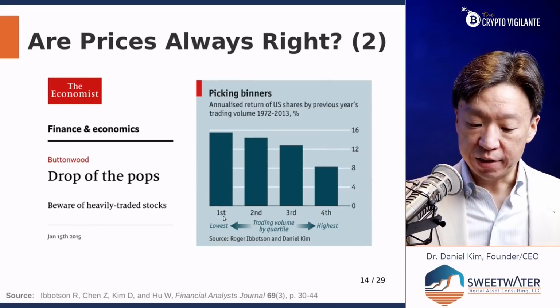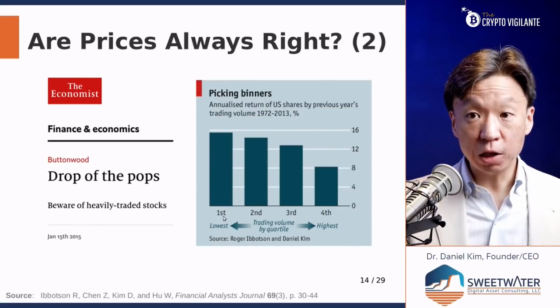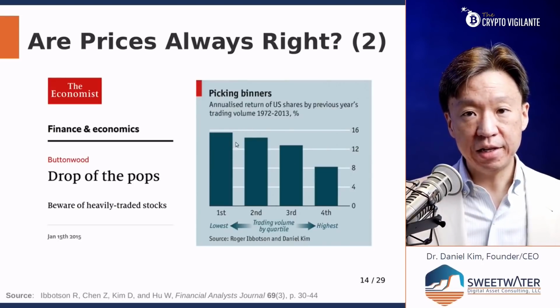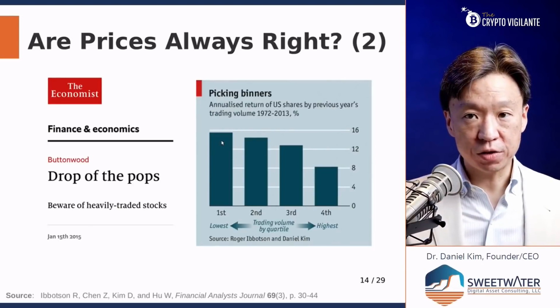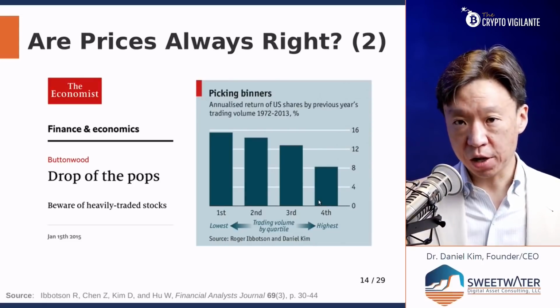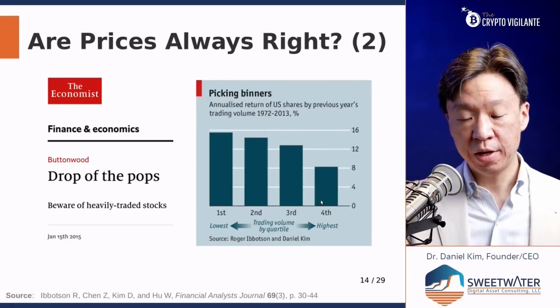And what we find is that if you look at the following year's return of that stock, you see this pattern, that the ignored and forgotten stocks are the ones that will outperform in future years, as opposed to the hot stocks that everyone knows and everybody talks about and everybody trades.